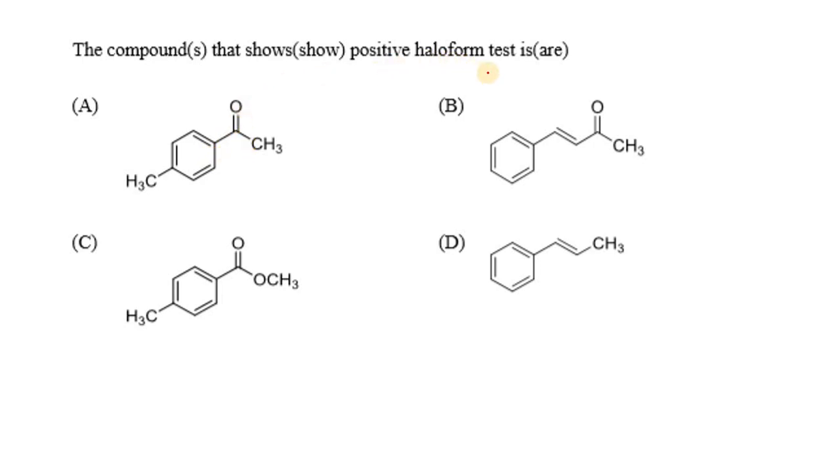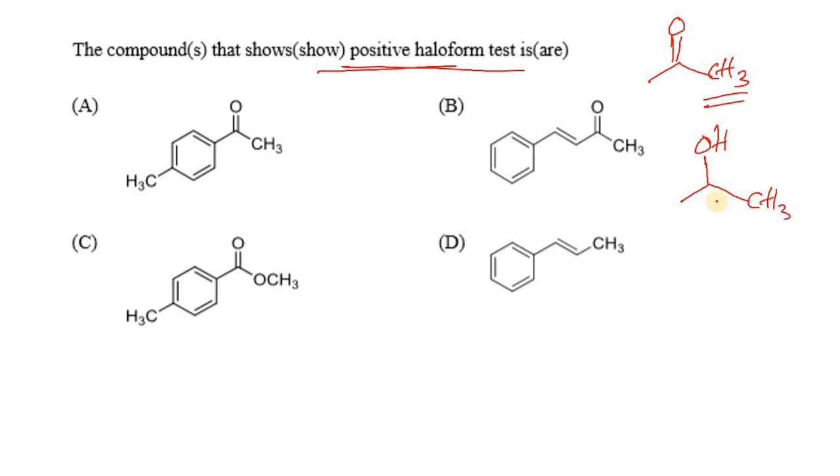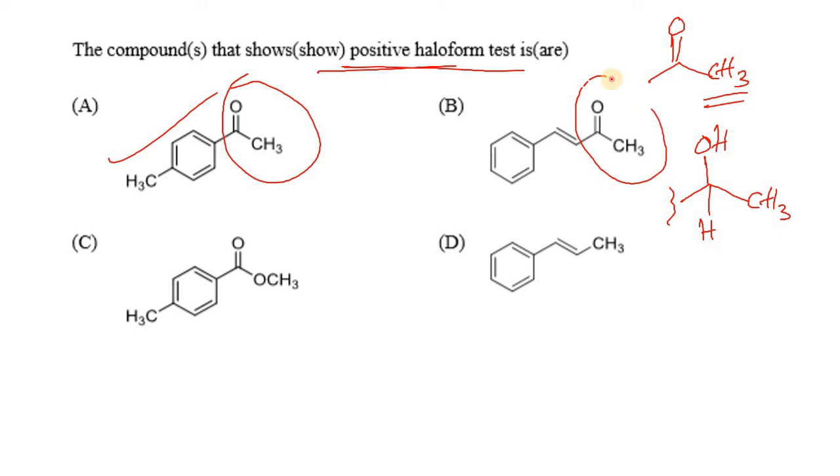Here we know that for positive towards haloform or iodoform, the molecule should have a methyl ketone fragment, or this fragment OH, CH3, and H. So this one is a methyl ketone, positive towards iodoform, and this one also methyl ketone, also positive.